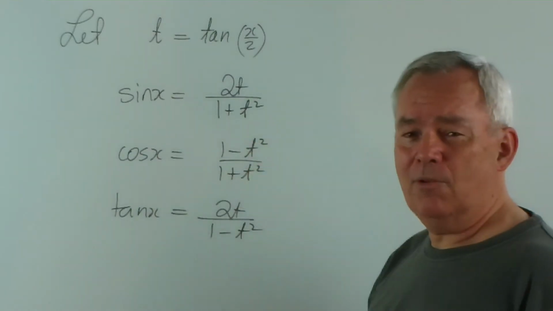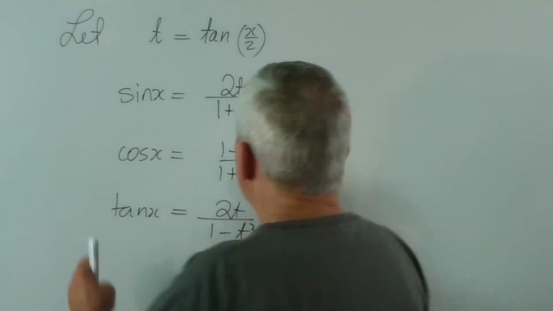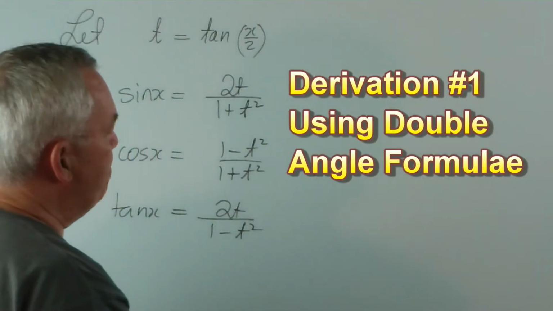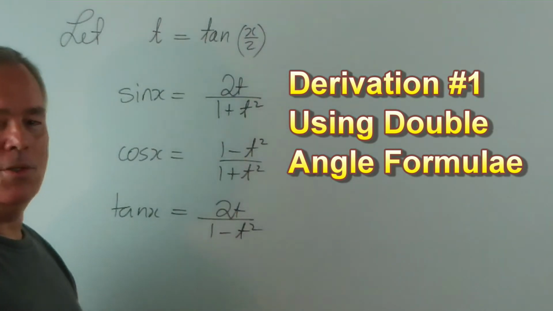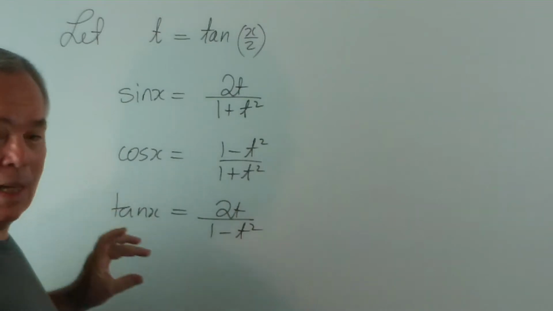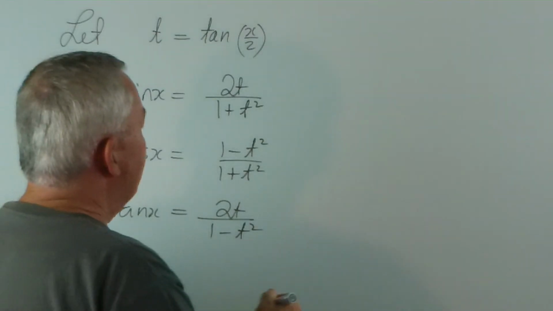This is a very, very powerful technique. So, what's our first method for getting these? Well, the first method is not to use any diagram at all, but simply to use our understanding of what we call double angles.